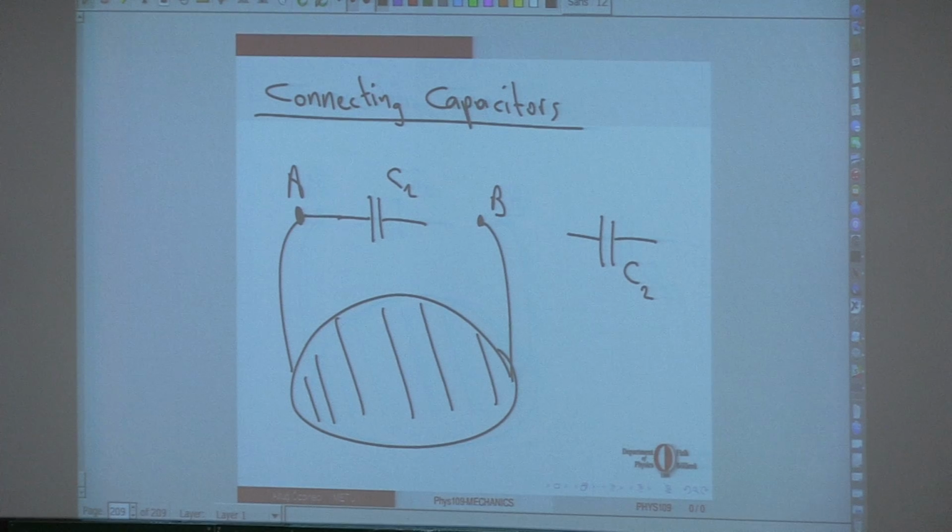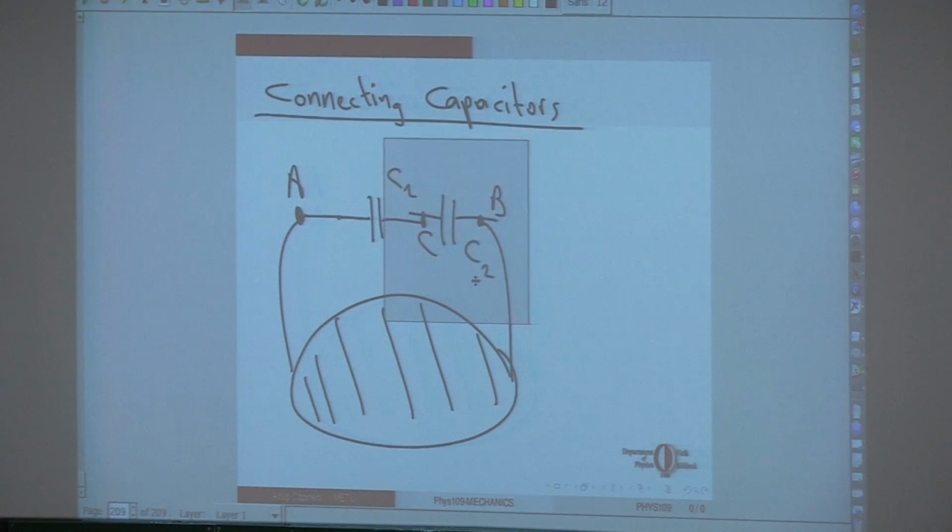Let me call that point C. Now this end, I can connect either to A or C. Let's connect it to C. Well, this is one choice of connecting. This is what we call the series connection. Capacitors in series.